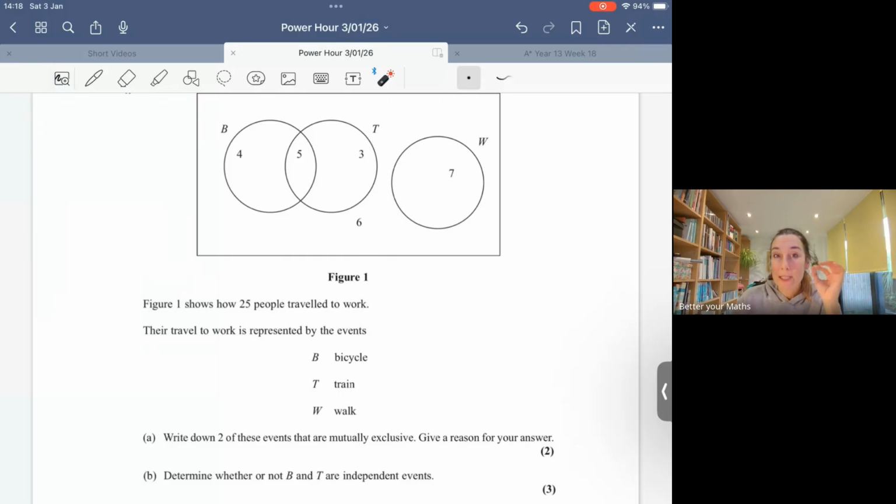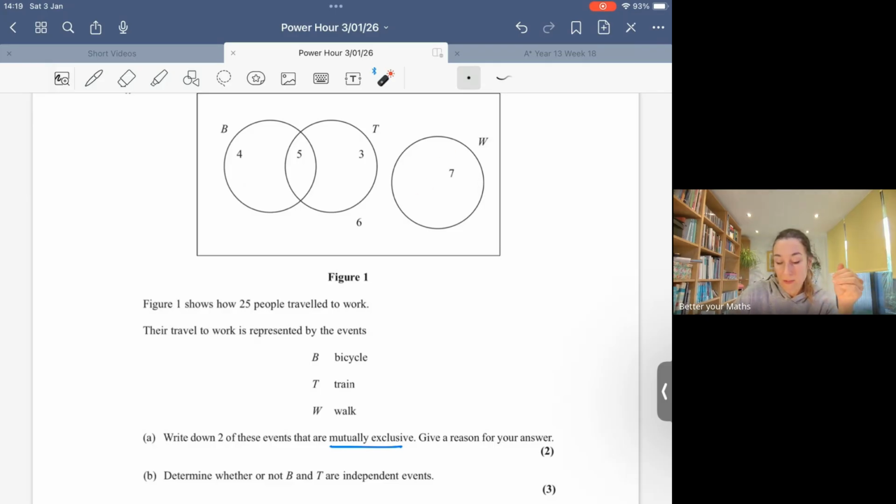Okay, so mutually exclusive is when they don't have intersections, exactly. So there are 2 events that don't have anything in common, like this one and this one. They don't have people that go by bicycle and walking, or this one and this one.